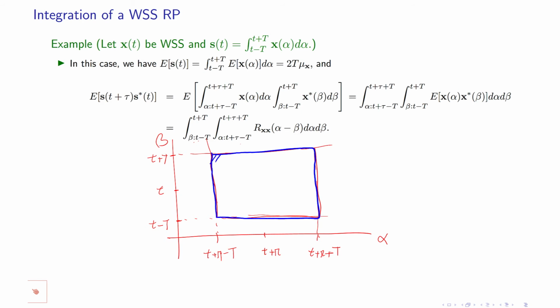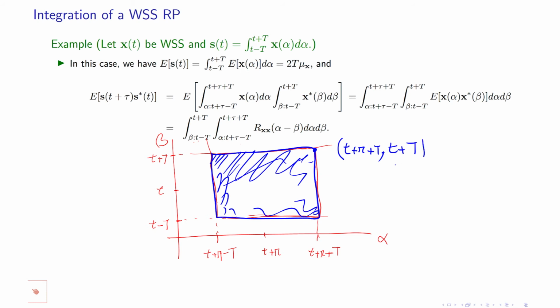For this corner, the alpha coordinate is t plus tau plus cap T and the beta value is t plus cap T, and for this corner, alpha is t plus tau minus cap T and the beta coordinate is t minus cap T, and so on. Then you integrate over this area.